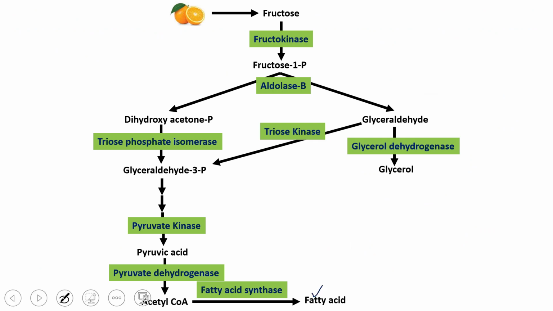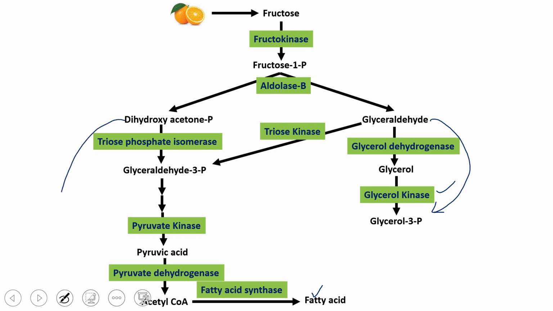Now, in the other way, we have glyceraldehyde. This glyceraldehyde can be converted to glycerol by an enzyme called glycerol dehydrogenase. And this glycerol can be phosphorylated to glycerol 3-phosphate by glycerol kinase. It means glyceraldehyde can give you glycerol 3-phosphate, and through dihydroxyacetone phosphate we have got fatty acids.